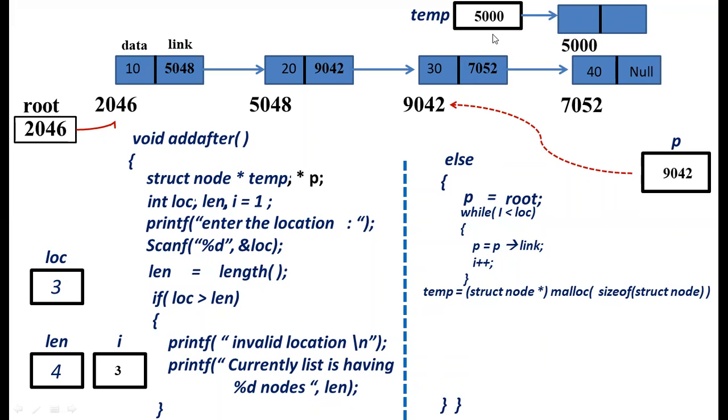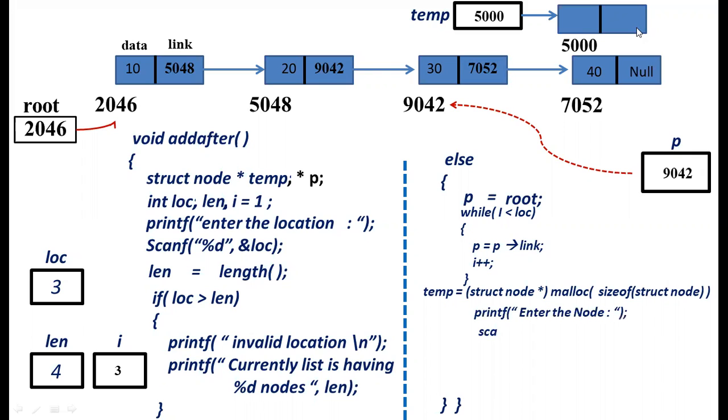Next we have to read the information into this node that we have created. So we have to insert the data part and the link part. Already we have discussed how to read the node data and how to store the null value into the link field. For that we use printf, enter the data into the node.